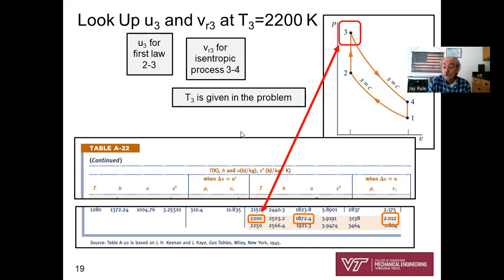So we're going to write down two numbers out of our table A22. We'll go to temperature 2200, and we'll write down U3 is 1872.4 kilojoules per kilogram, and VR is 2.012. We'll write those down. T3 was given in the problem statement.